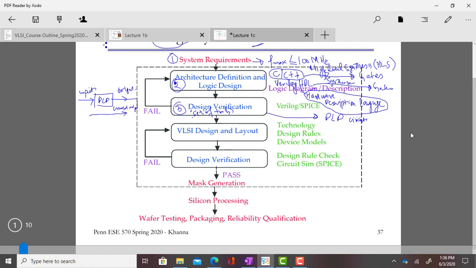So what the verifier does is it just puts a comparator there and checks if the results from your synthesized circuit are equal to your golden result.